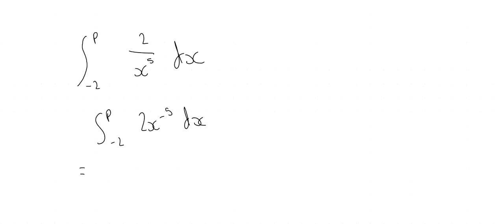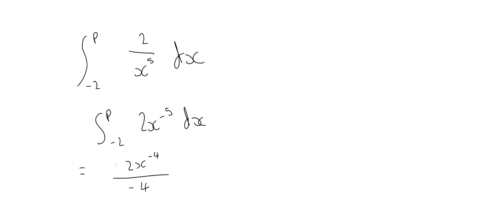So let's just do it like this, all over -4. It's positive. See, this is what happens when we try and do it in our head. We mess some stuff up.